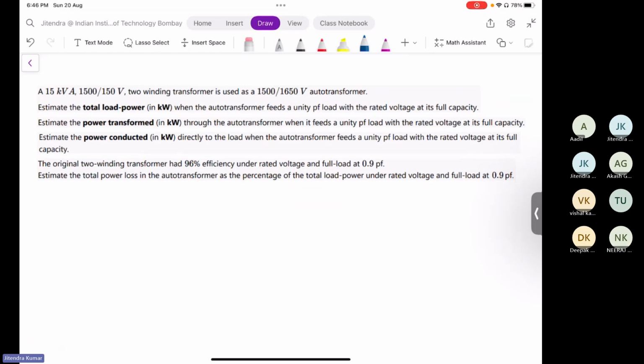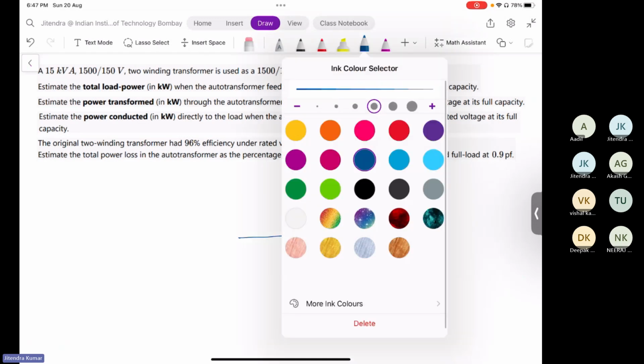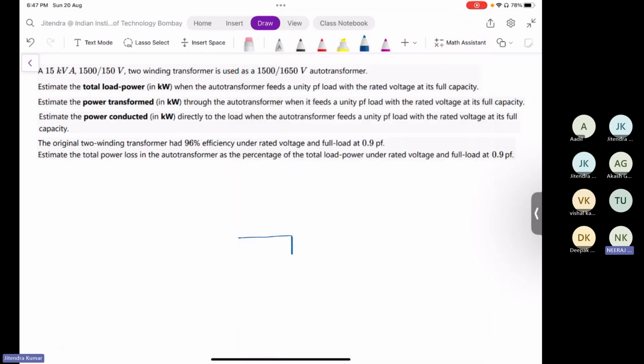Okay, let me draw an auto transformer. So here 1500 volt.